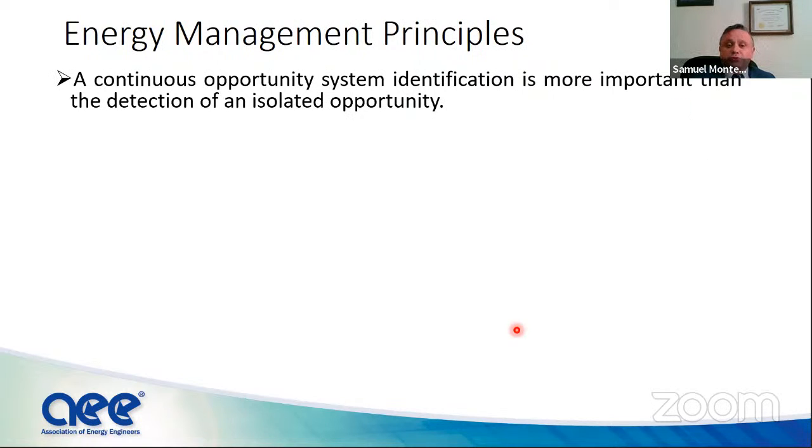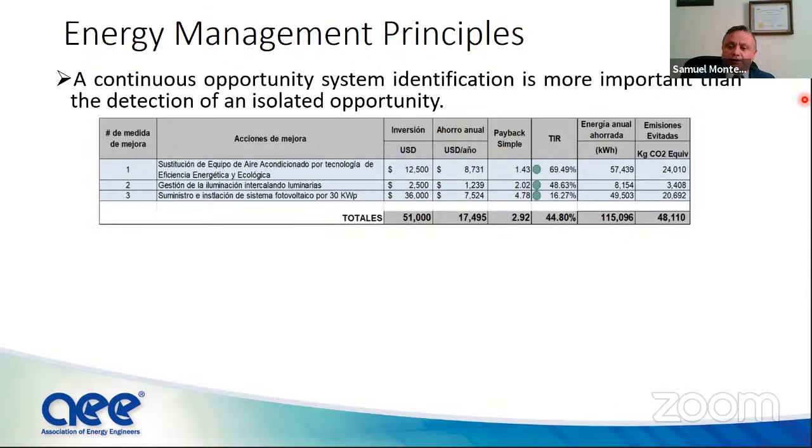A continuous opportunity system identification is more important than the detection of the isolated opportunity. I have an example of an implementation. If you look, we have three opportunities.